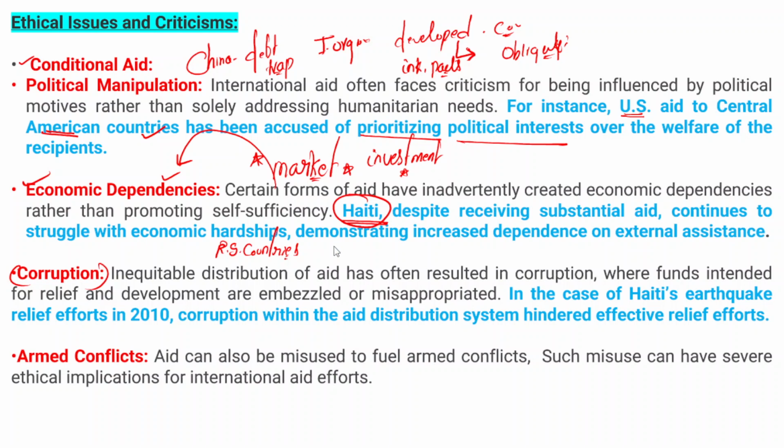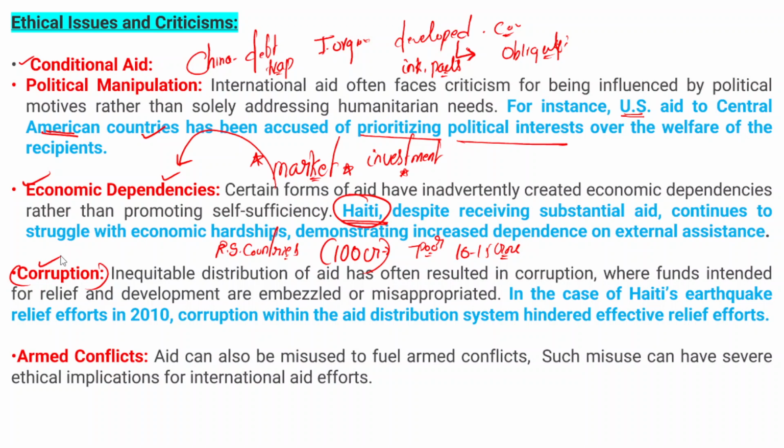For example, if a particular country gives 100 crores to a poor country, only 10 crores or 15 crores is spent for the development of the poor. The remaining money is being siphoned out by the political class. So, therefore, corruption is also a major problem in international aid.